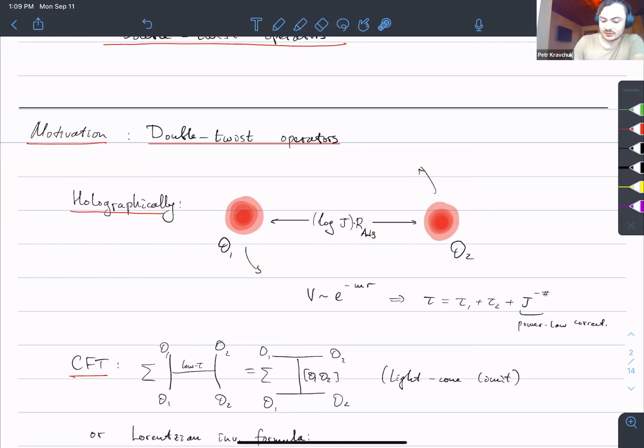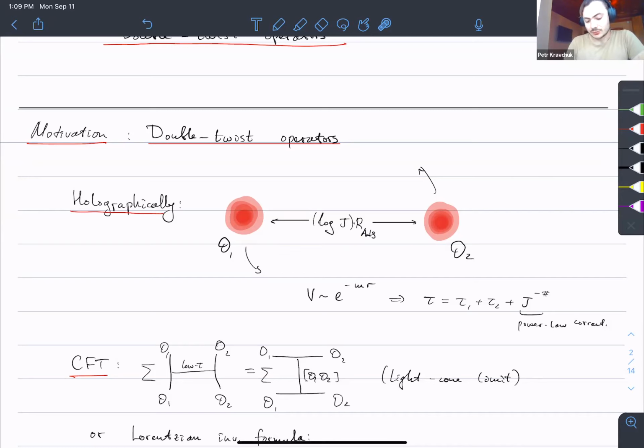In this language, the spin of this combined state is related to the distance between them. Sorry, the distance is approximately the logarithm of the spin. If there were no interactions, then the energies of the states would just add.